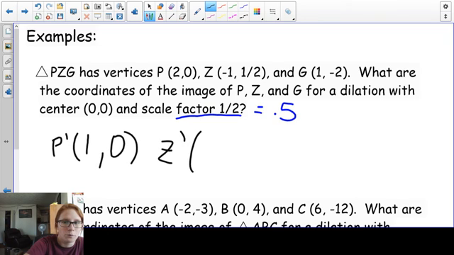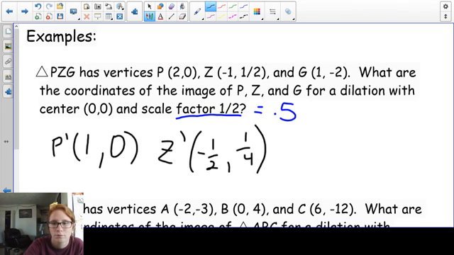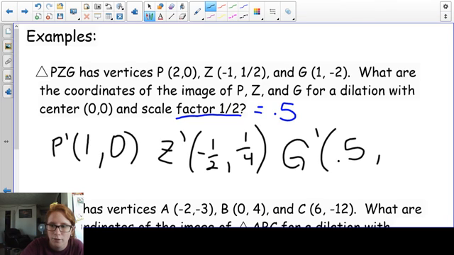Z prime will be at -1/2, 1/4. And then G prime is at 0.5, -1.